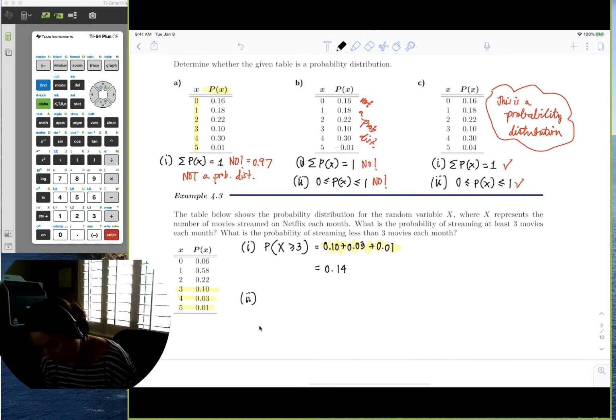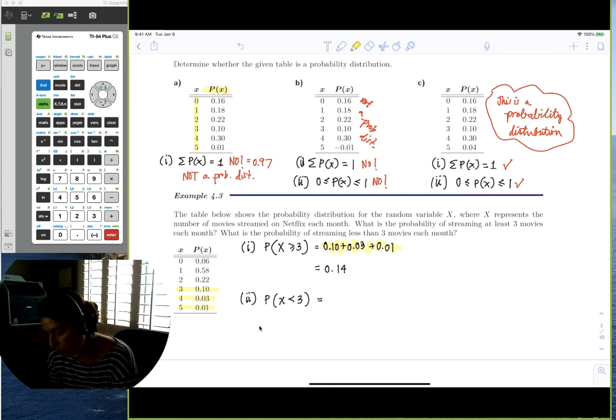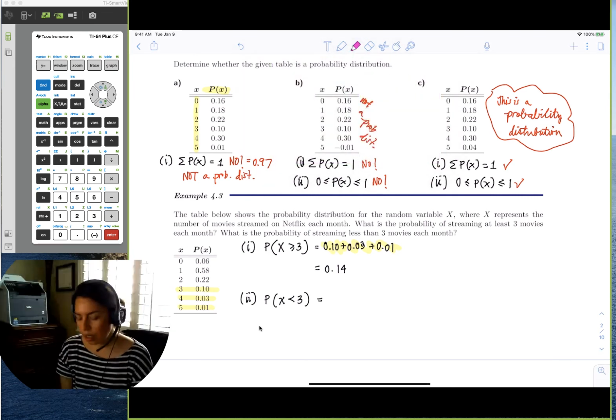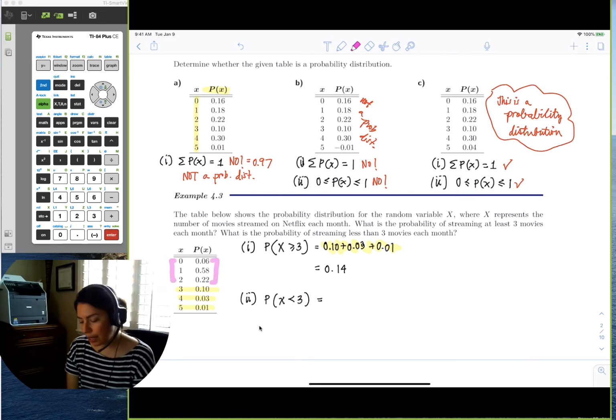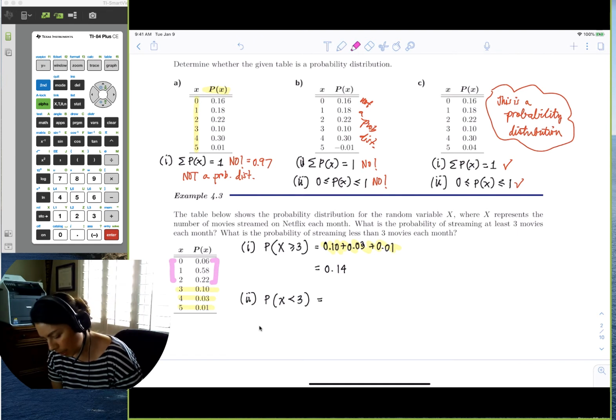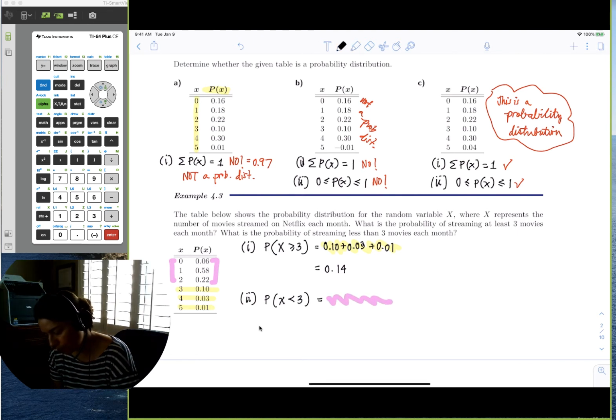Okay. The second question asks, find the probability of streaming less than 3 movies. Well, less than 3 movies could be 0, 1, and 2. And we could add those up if we wanted to, right? And have 0.06 plus 0.58 plus 0.22.